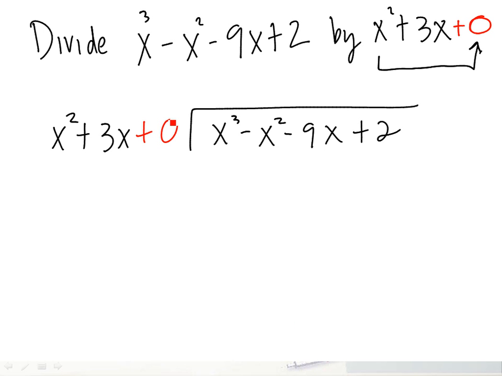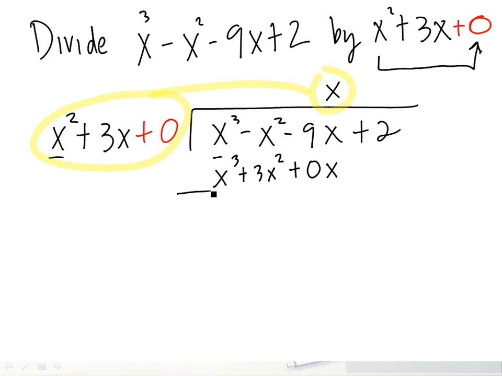Okay, let's get started. X squared times what is x cubed? X. Now we've got to multiply this x times everything over here. So what do you get? We get x cubed plus 3x squared, and let's just put plus 0x.